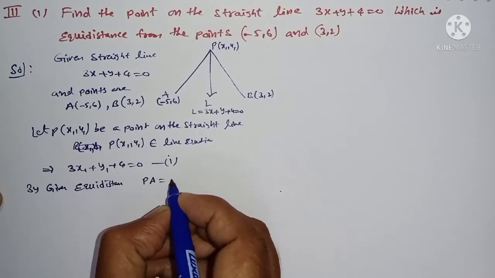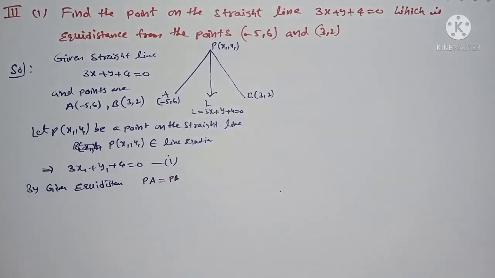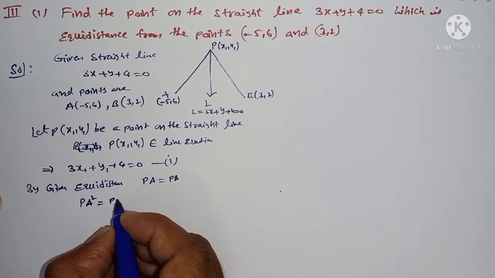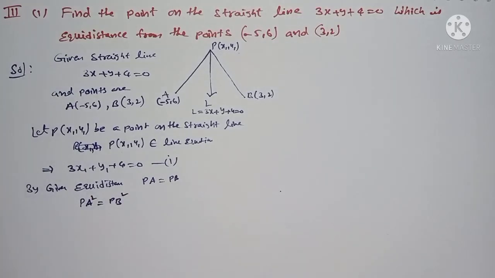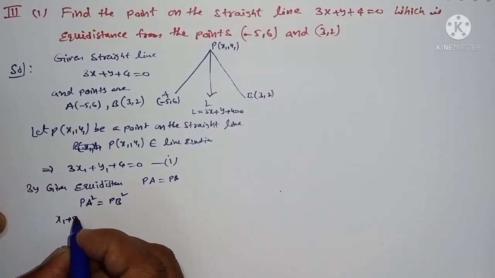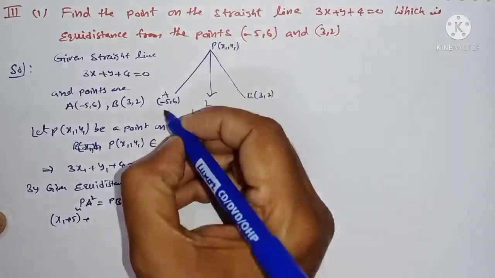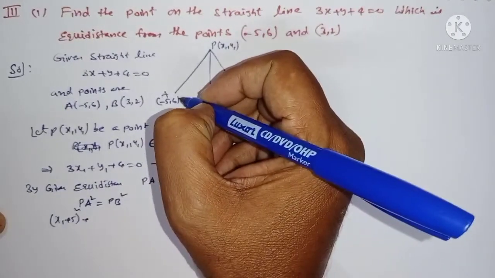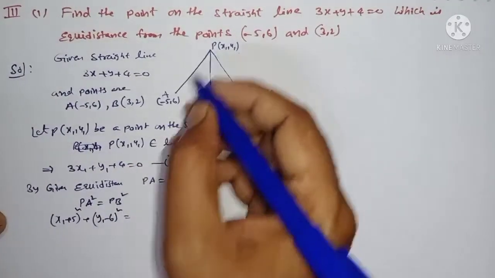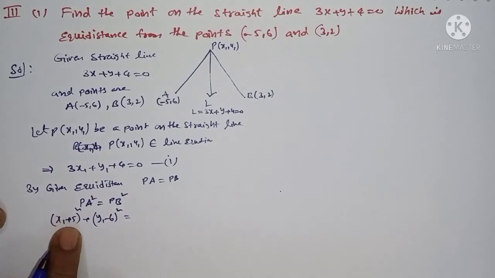Therefore PA is equal to PB. In a locus we have PA = PB, so I can write PA squared is equal to PB squared. The distance between two points is under a root, and since it is squared there is no root. So PA squared is (x1 + 5) whole square plus (y1 - 6) whole square, because minus of minus gives plus, so x1 + 5.